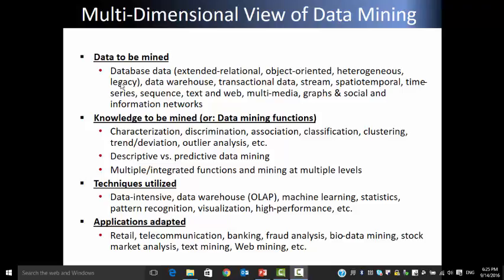Or data warehouse. What is a data warehouse? How can you compare database and data warehouse? Mr. Cheng. Is a data warehouse like 10 times compared with a database?